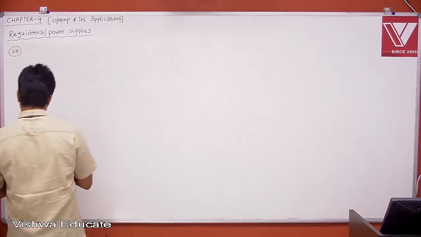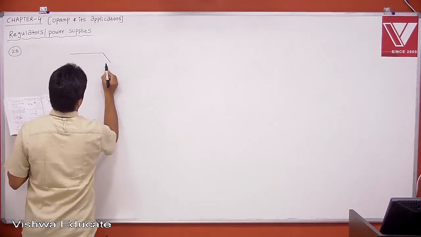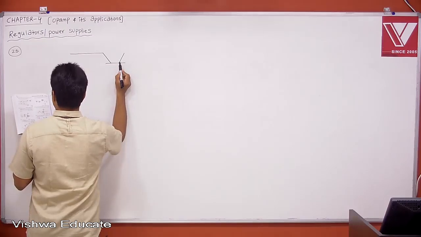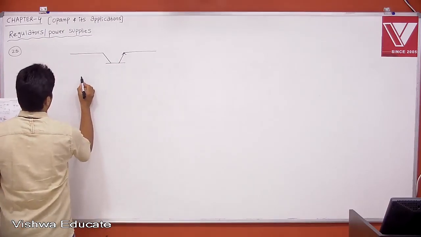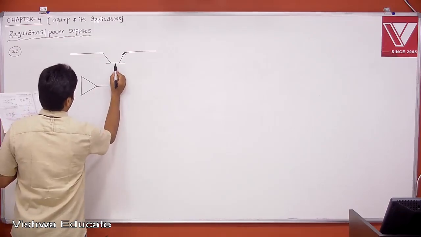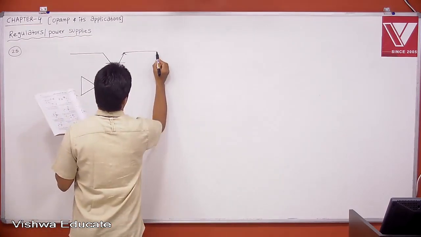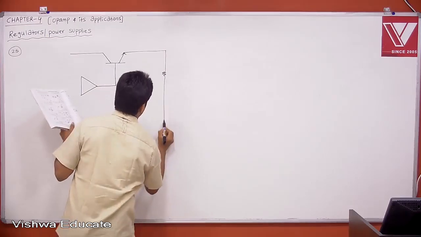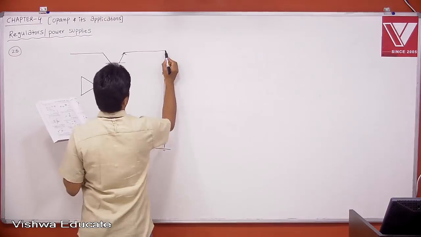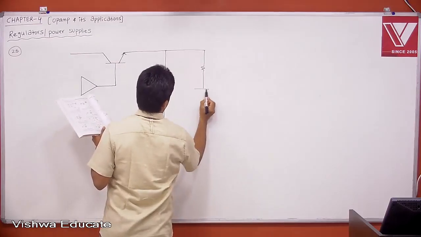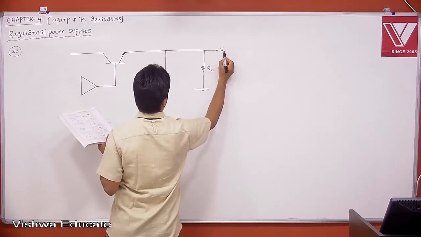The circuit is again a series regulator. And the load is also given. This is RL and this is V0.